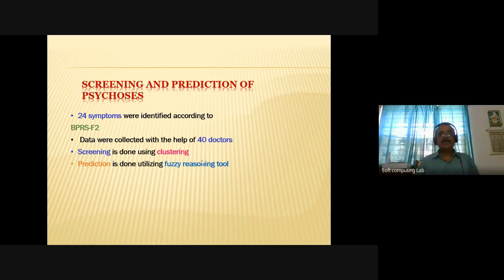The moment a new patient comes, the doctor is going to ask a large number of questions, and depending on the answers he gets from the patient, he does some sort of screening and classification, just to identify whether that patient is suffering from mental disease or not. And if he suffers from mental disease, then what should be the grade of that disease? And accordingly, the medicines will be prescribed.